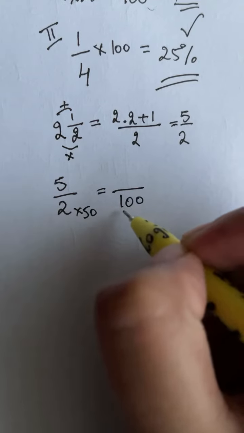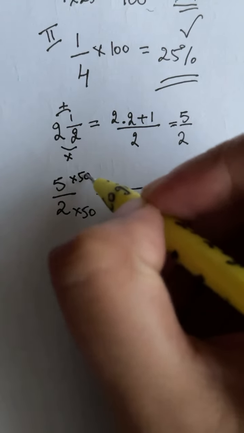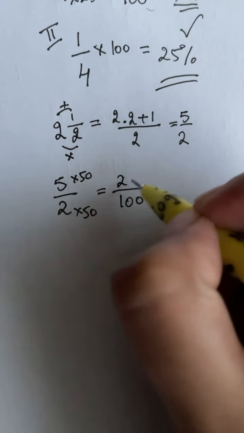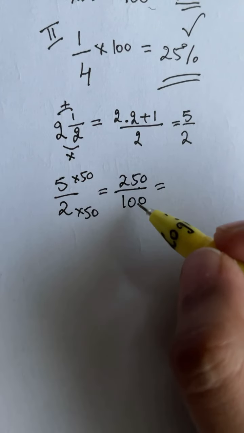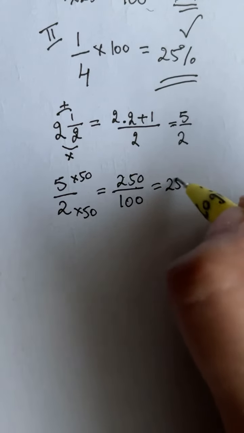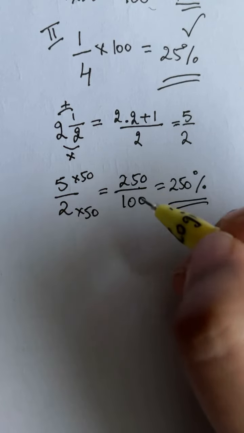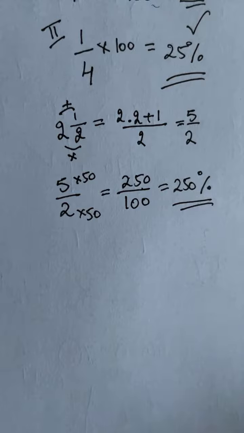So this is how we change the denominator to 100. The same thing you need to multiply with the numerator. So 5 times 50 gives you 250. And this per 100 is going to change into the percent symbol. That's 250%. Done. So percent actually means out of 100. That's per 100.